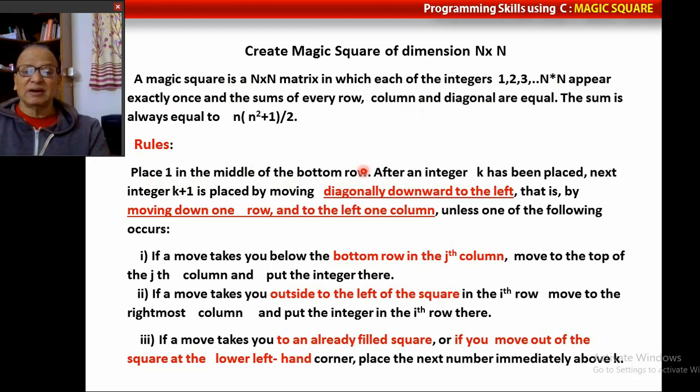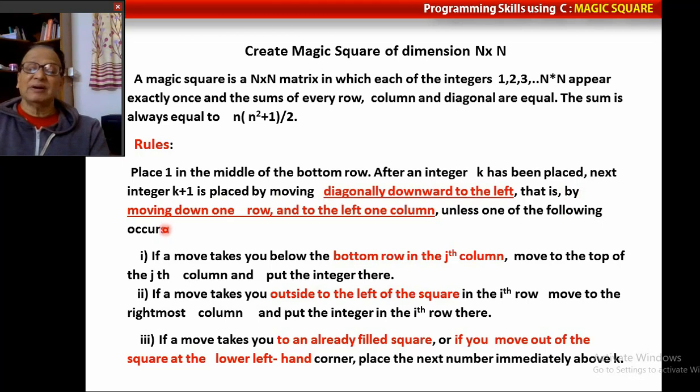As you have seen, it was the second column of the bottom row in the case of 3 cross 3. After an integer k has been placed, the next, k plus 1, is placed by moving diagonally downward to the left. Please remember, diagonally downward to the left, that is, by moving down by one row and left by one column.